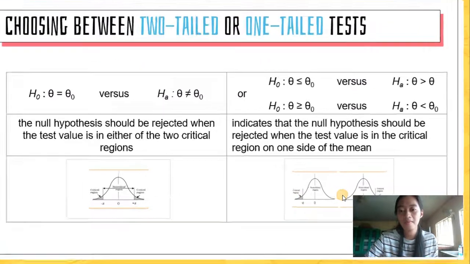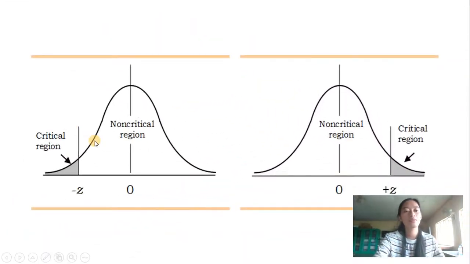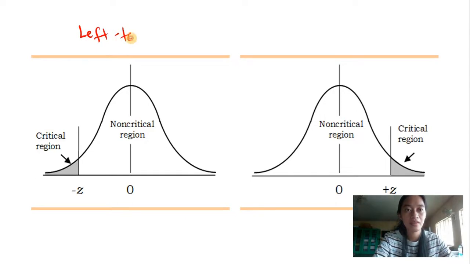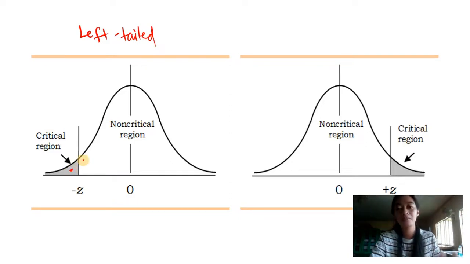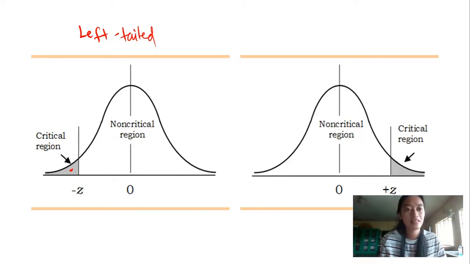For example, in these two curves, we have the left-tailed: if the value that we solve falls in this region, there is a chance that it is not the null hypothesis, so the null has to be rejected.